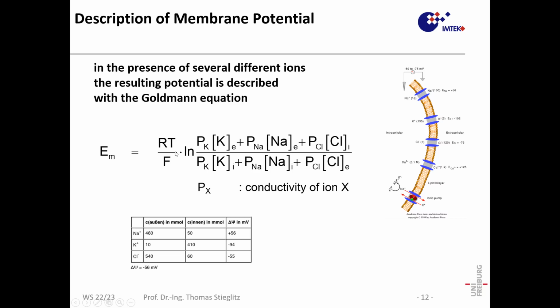And if you go back to your high school days, or a math course at university, and the laws how to handle logarithms, you might remember if you have a -1 in a ratio, in a logarithm, you are allowed to exchange numerator and denominator. And this is what is done here with the chlorine.